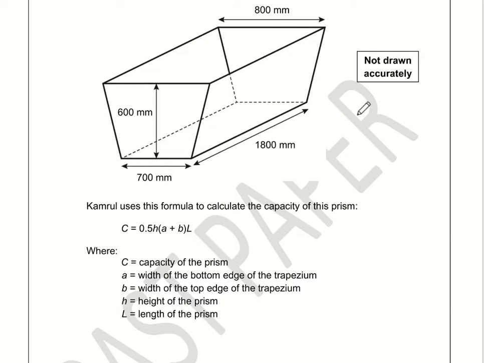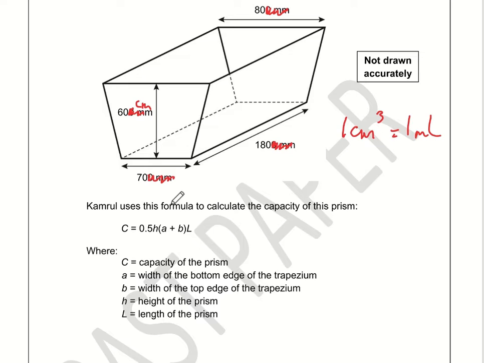The key thing to understand here is that 1 cubic centimetre is 1 millilitre. So if I can get the volume in cubic centimetres, I can turn it easily into millilitres and then into litres. So I need to turn these into centimetres. That is 60 centimetres, this is 80 centimetres, this is 180, and this is 70.